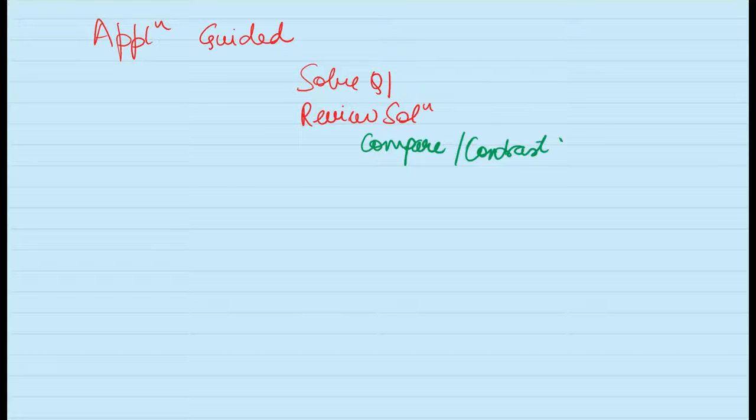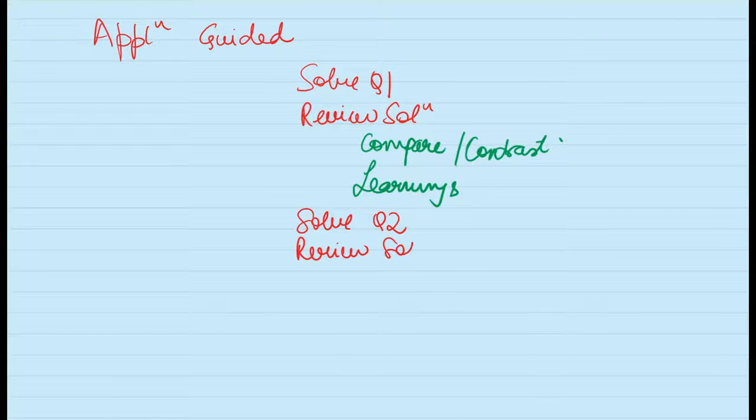Then you apply the learnings that you have from this exercise onto the next question, question number 2. And then you again review the solution of this question, and repeat the process. As you apply these learnings to the subsequent questions in the file, your skill set to solve questions really gets enhanced.